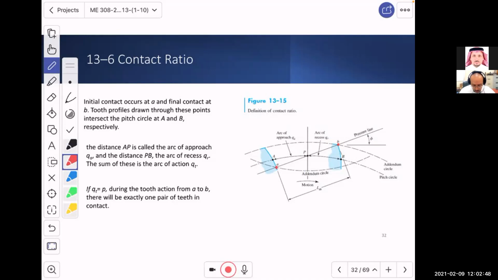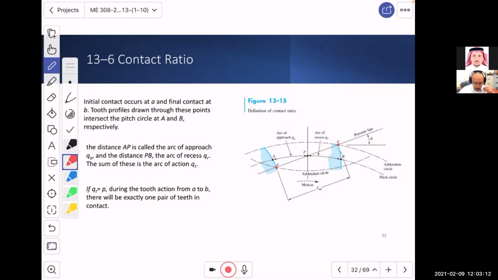For that reason, we ask the question: is it always the case that only one pair is in touch while the other pairs are not? And we said, actually, this is more or less undesirable.